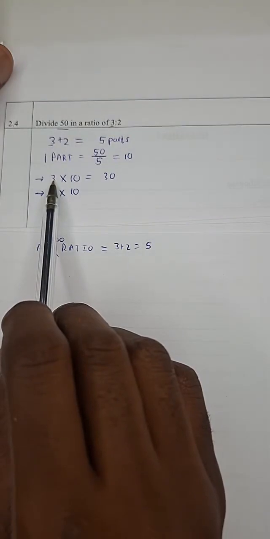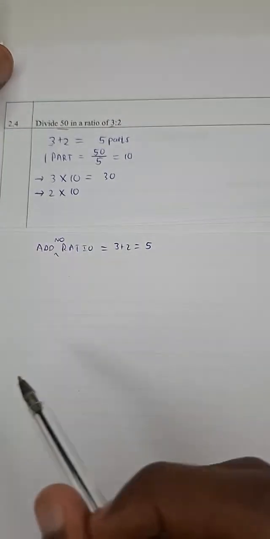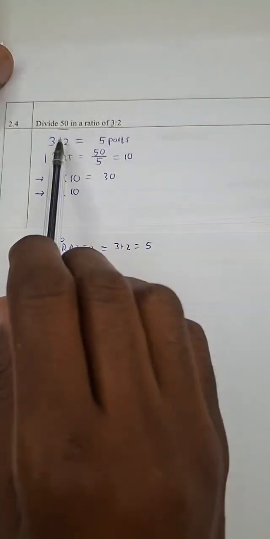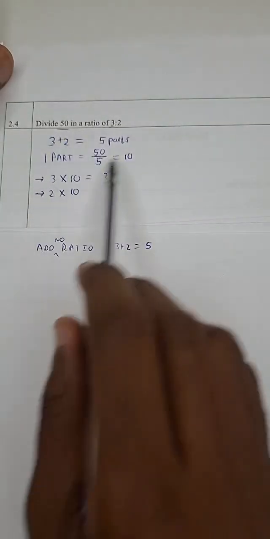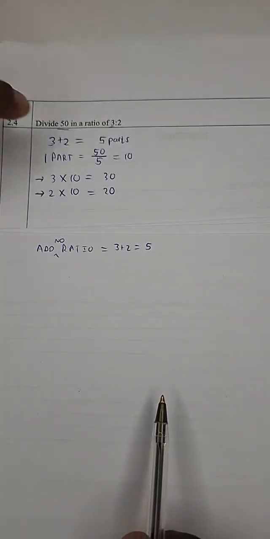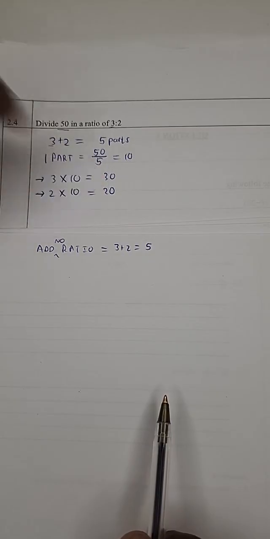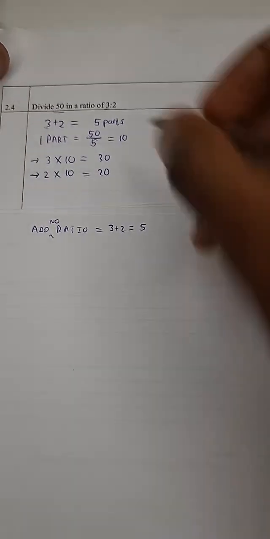So in order to get 3 parts, we multiply 3 with 10. 3 times 10 gives you 30. Then for 2 parts, we multiply 2 by 10. 2 times 10 is 20. When you add these two, you should get the total that you had initially. So the answer is 30 and 20. That's one way of doing this question.